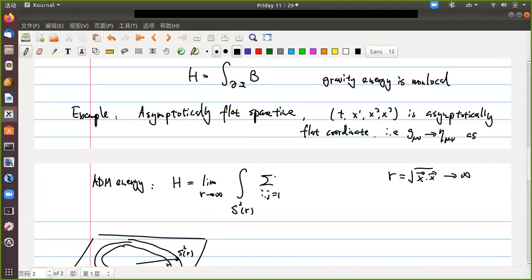Sum over i, j equals 1 to 3 of the derivatives of q_ij, where the first term is the derivative with respect to x^j of q_ij, and the second is the derivative of the trace q_jj. q is the spatial metric.